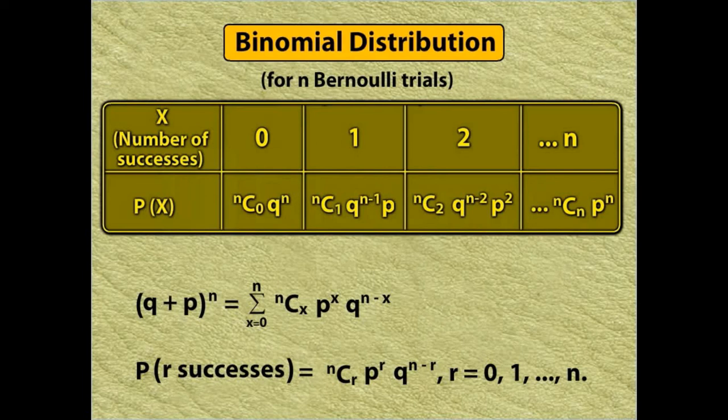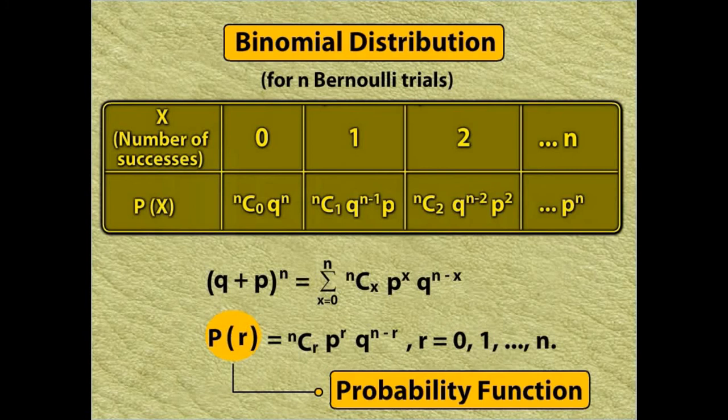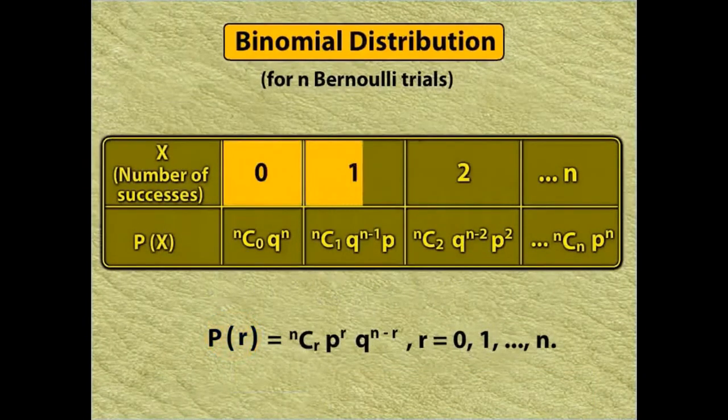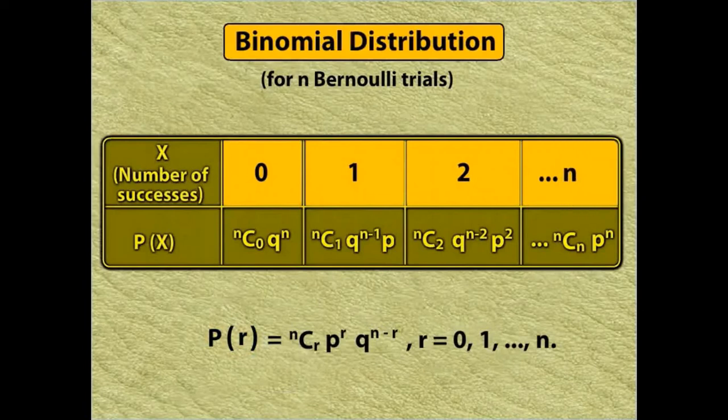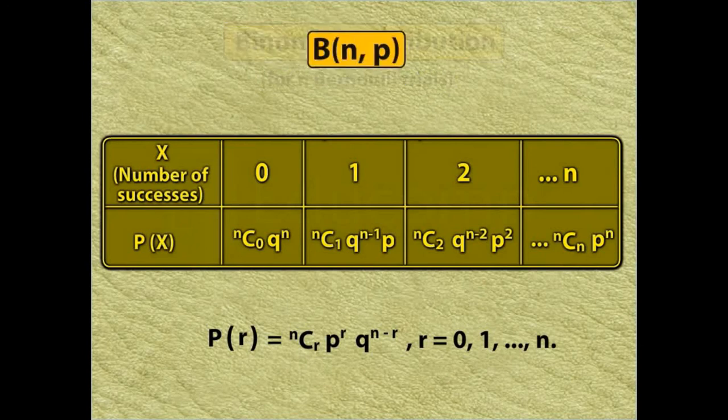The probability of r successes is also denoted as P(r) and is called the probability function of binomial distribution. Any binomial distribution with n Bernoulli trials and probability of success as p in each trial is generally denoted as B(n, p).